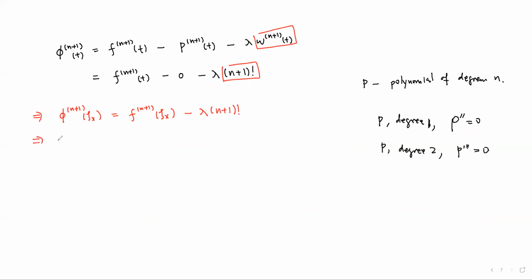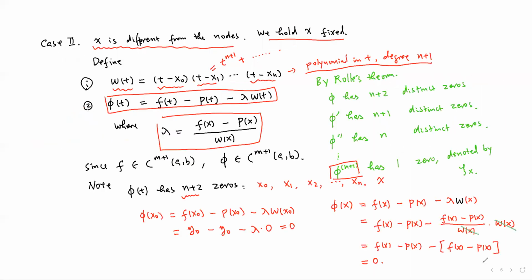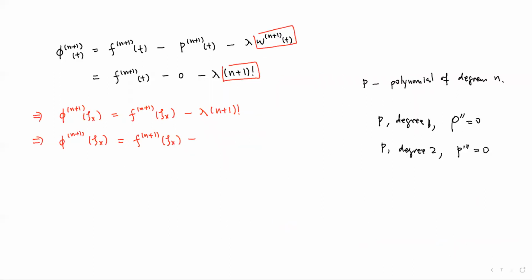Okay, now what is lambda? Go back to the definition of lambda. Lambda is this number, f minus p over w: f(x) minus p(x) over w(x), then times n plus 1 factorial.